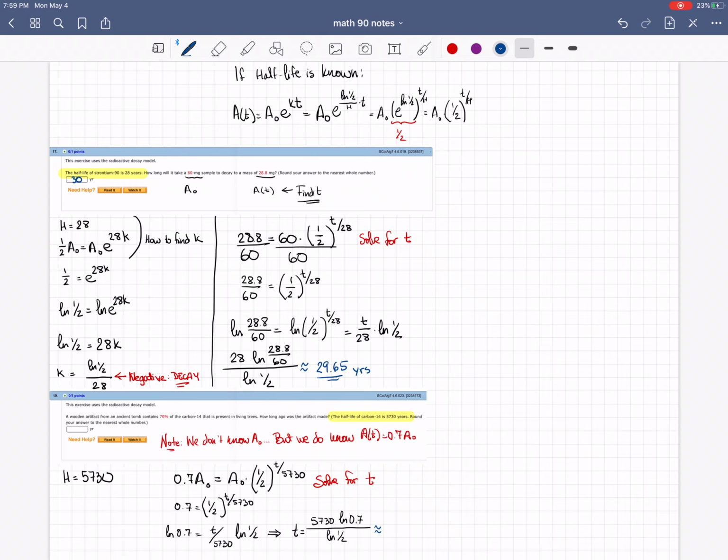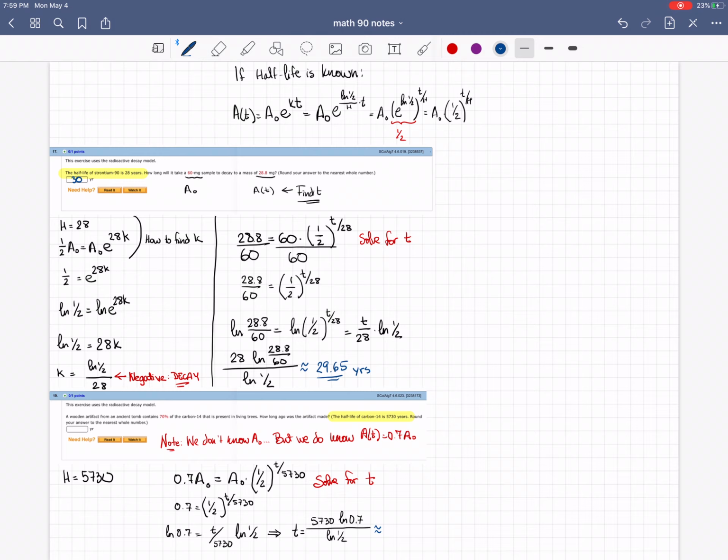So since we are only 30% gone, since 70% is still there, we're expecting a number significantly smaller than 5,730. Maybe 5,000, right? But certainly if I get an answer like 12, that's too little, because a significant amount has decayed away, just not quite half. And by that same token, if I get a number bigger than 5,730, I know that's off too. So keep this in mind as you're punching it into your calculator.